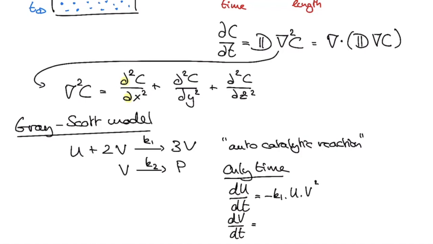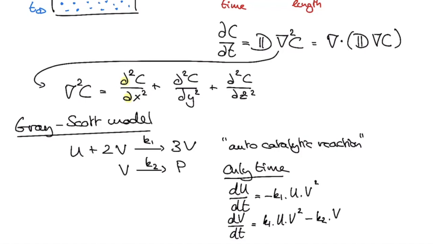I'm consuming 2 V's in the first reaction and producing 3 V's, so overall that leads to K1 times U times V squared. And I'm consuming V in the second reaction, so minus K2 times V.